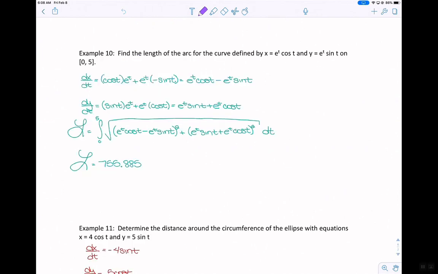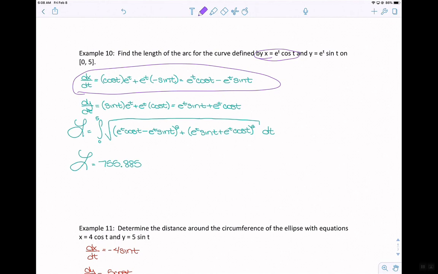Okay, so let's take a look at example 10. I wanted to have it written out for you already because I didn't want it to be too messy, where you wouldn't be able to figure out what we were doing. So let's go ahead and take a look at your arc length. So first step, again, I take my x of t, and I'm going to find dx dt.